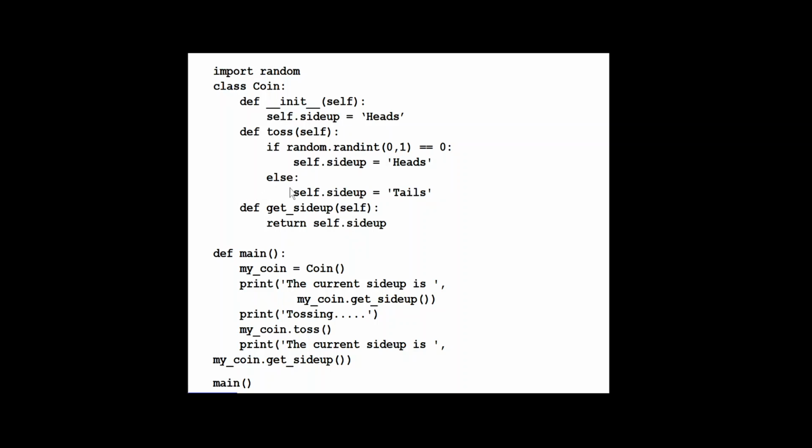How can I instantiate an object out of this class? I use the class name. Okay, I create my object name and I use a class name with parentheses. Since we don't have anything to be passed here as an argument, this one by default has no argument.